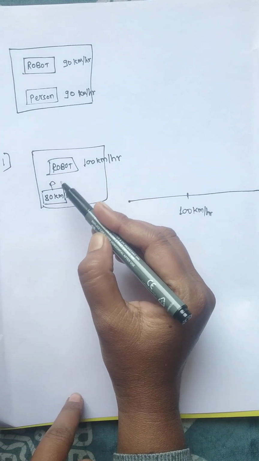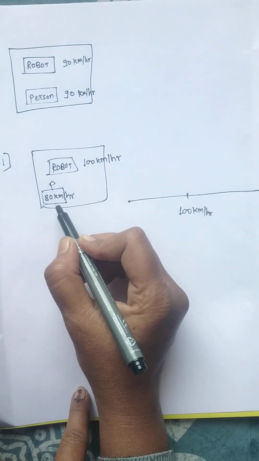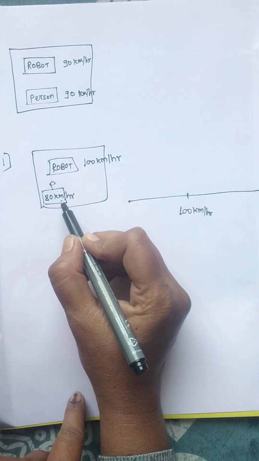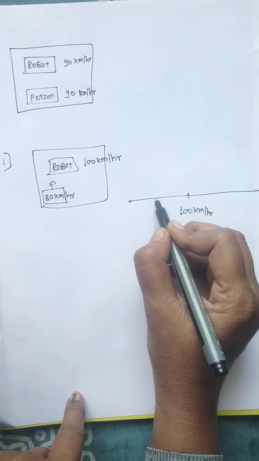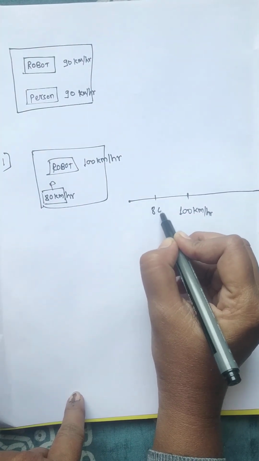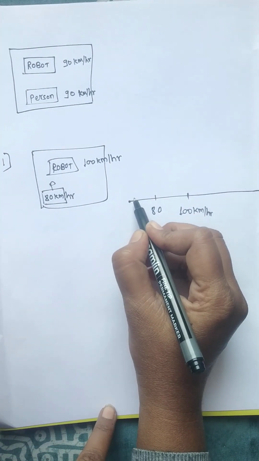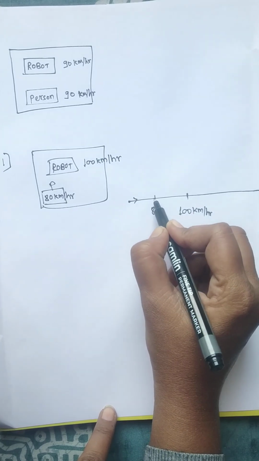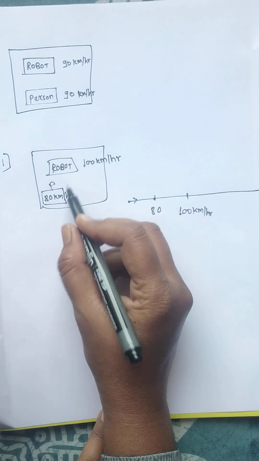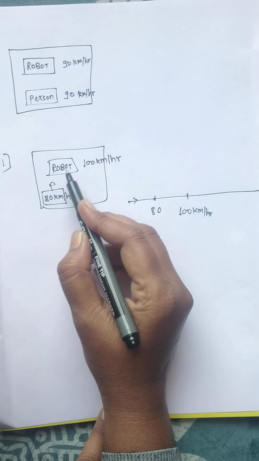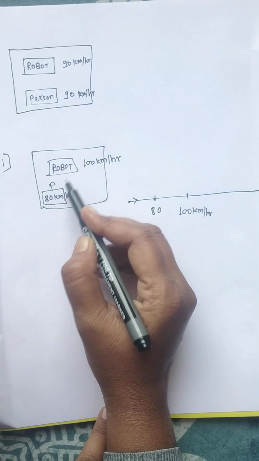To come into the range of the robot, the person should increase his speed up to, for example, 80 kilometer per hour. So the person will increase his speed and reach 80 kilometer per hour. Then and only then the robot will detect: yes, now somebody is running with me.